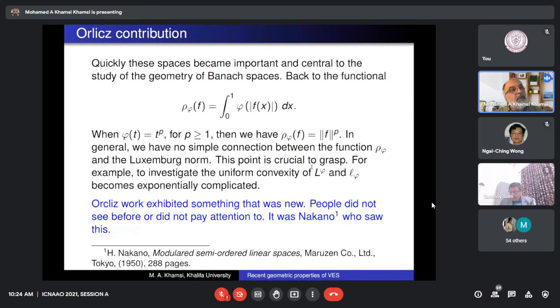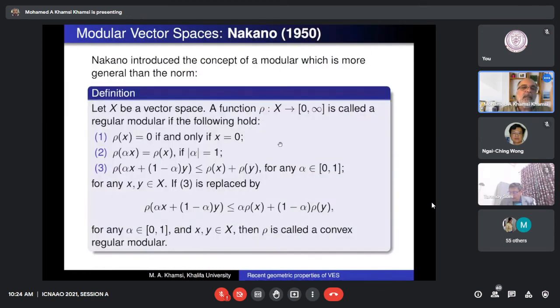So he saw the concept of a modular, which is that integral that you see right here, okay? So the norm is coming from this object, yeah? And he said, okay, so now he came up with the concept known as the modular defined on a vector space. So again, what do we have?